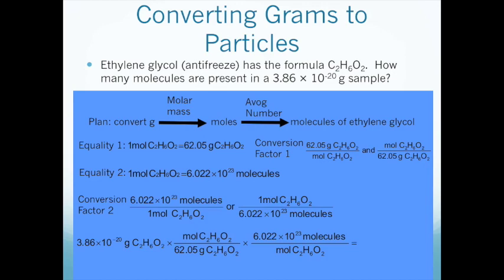So if we multiply 3.86 times 10 to the minus 20 grams times 1 mole per 62.05 grams times 6.022 times 10 to the 23 molecules per mole, the grams cancel, the moles cancel. We do the multiplication and we end up with 375 molecules.